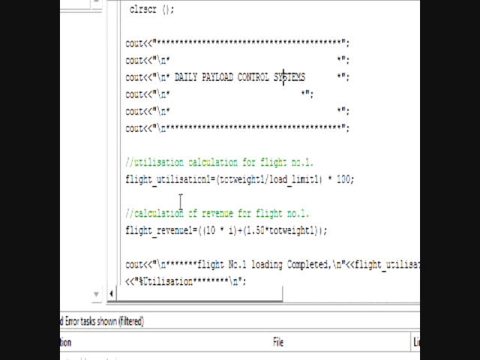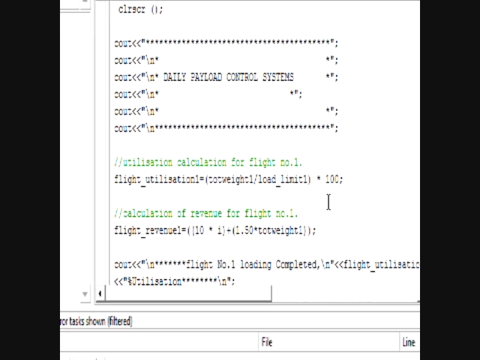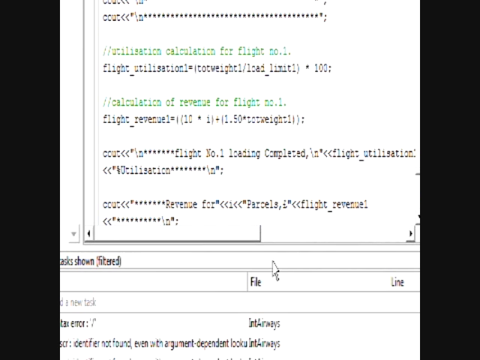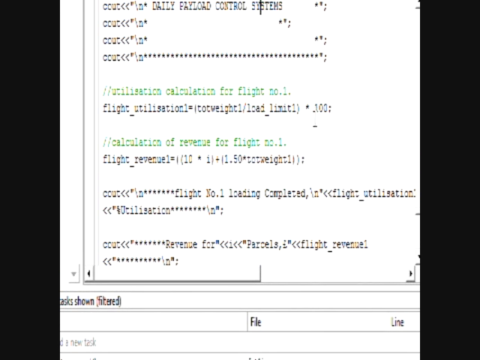Flight utilization 1 is equal to total weight 1 divided by load limit 1, so the total of all the parcels divided by the load limit 1, times 100. Now before we continue, let's just try to understand what that utilization is for. For flight number 1, it's the average utilization of the parcels of that flight.